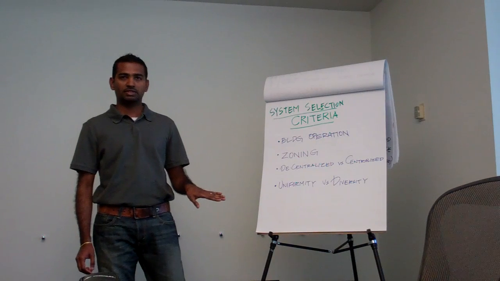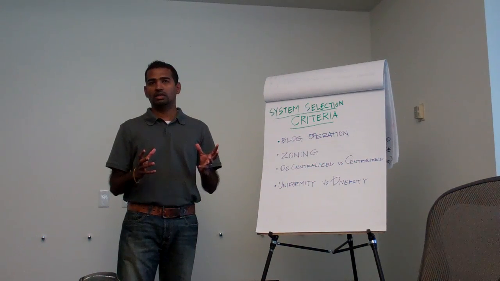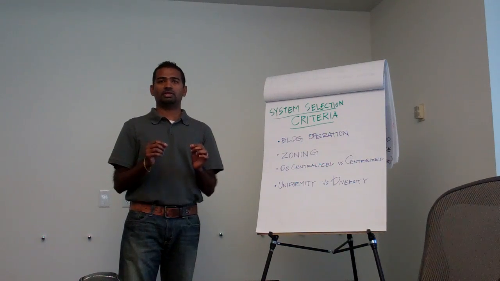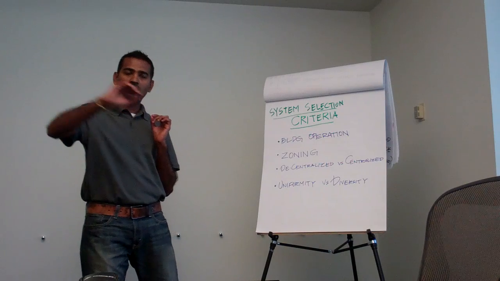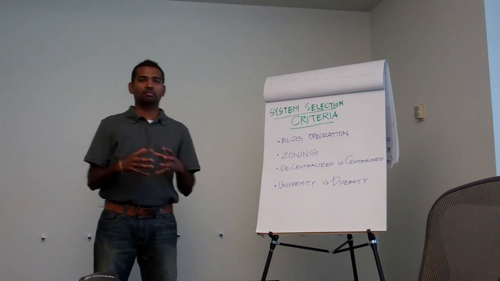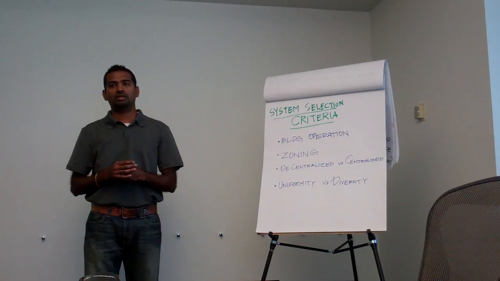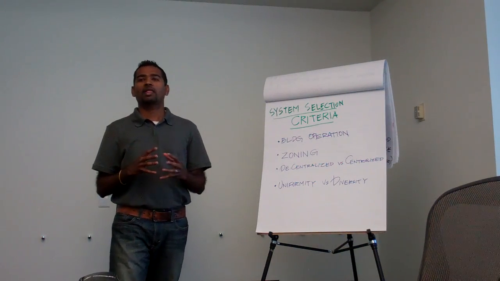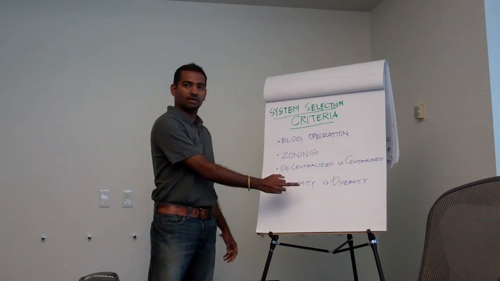Uniformity versus diversity. So the question here is, do you ask your client, do you want the same temperature for thermal comfort all across the building campus? Or can you allow certain parts of the building to have a different thermal comfort? Do you stretch that comfort zone in certain zones? So that's the difference. Uniformity, diversity.